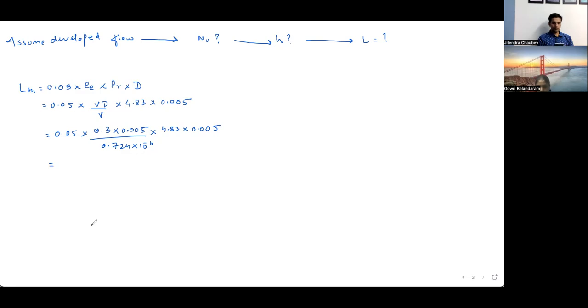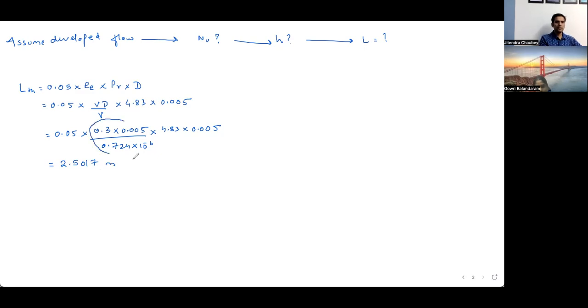I got 2.5 meter. I'll check yours though. I've got 2.5. 2.5017. Yeah.